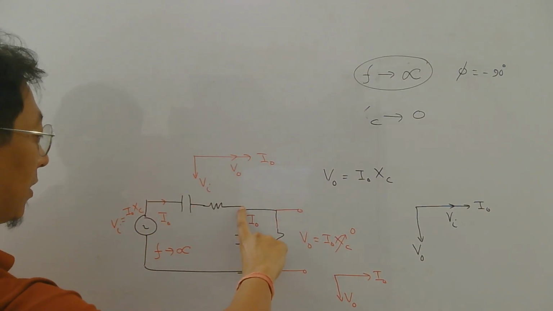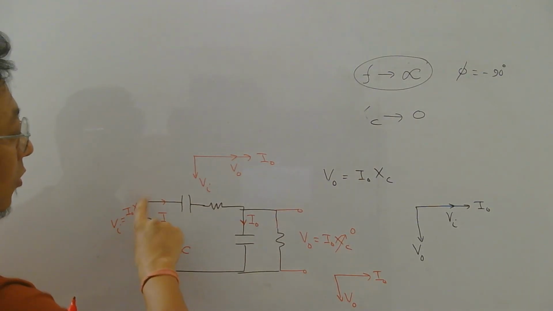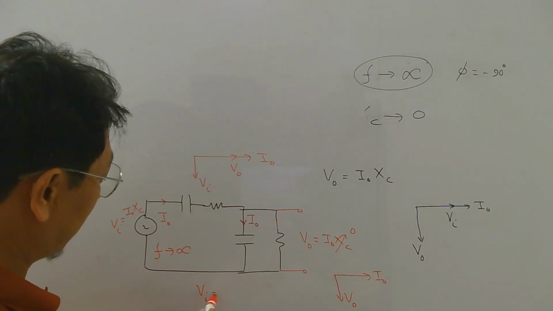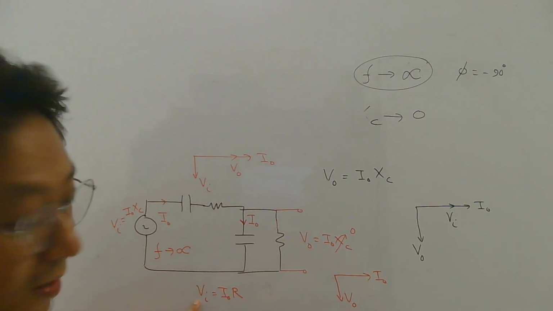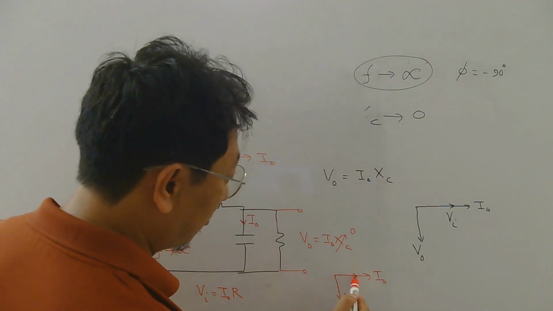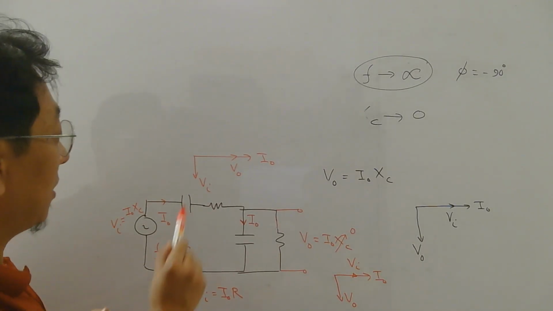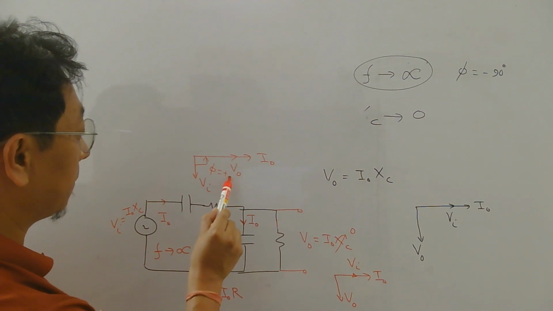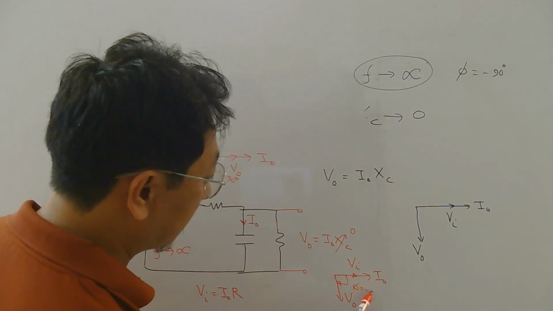So whatever is the input voltage will be across the resistor now, the peak value. Okay, and for resistor, current and voltage are in same phase, so input voltage will be here. So if you say here phase difference is positive 90, here phase difference will be negative 90. Okay.